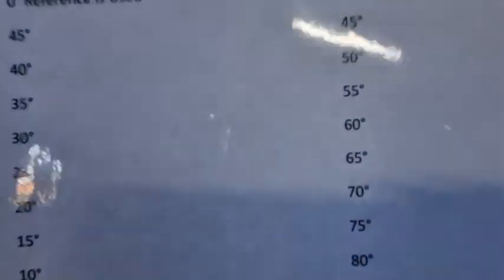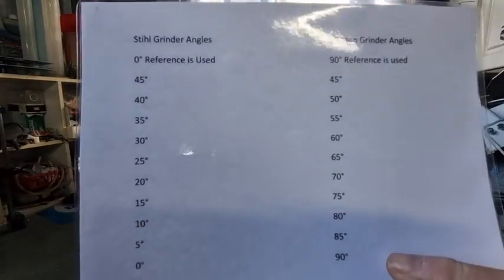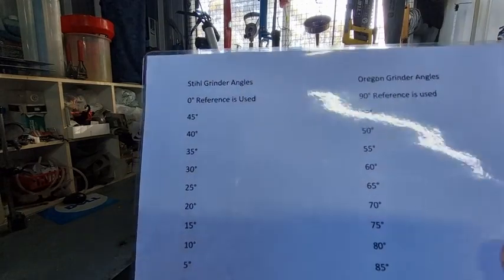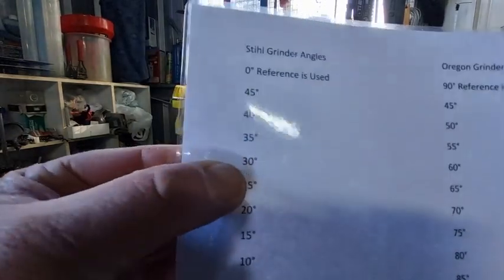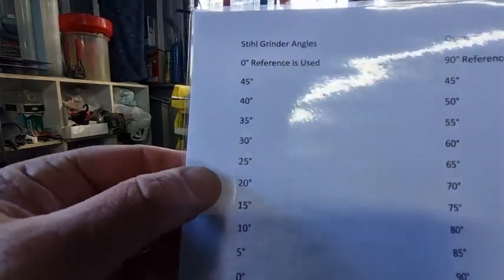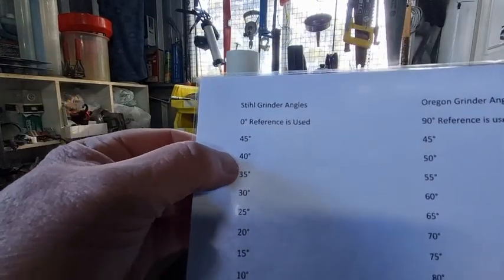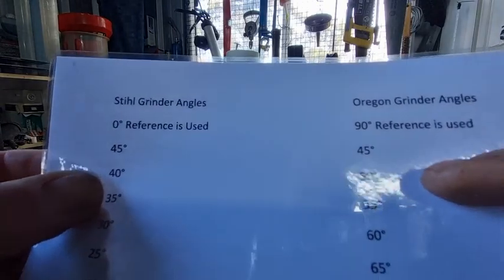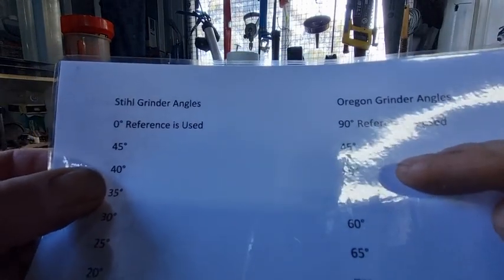And if we look at the most common ones on an Oregon type grinder, which is 60 degrees here, that corresponds to 30 degrees over here. Stihl recommend 40 degrees, that corresponds to 50 degrees over here.